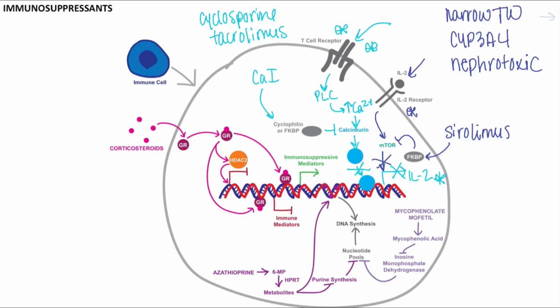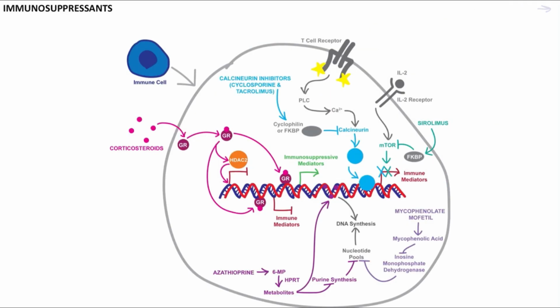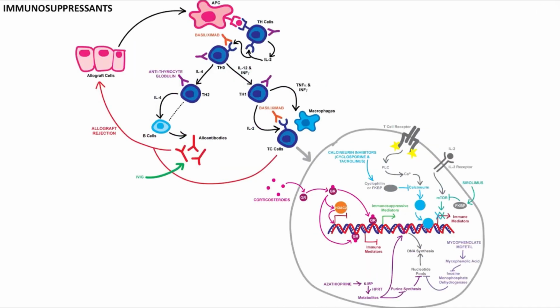So moving to the next slide, which brings us to our summary slide for the immunosuppressants targeting intracellular components of immune cells, which today we mostly focus on our T cell populations. So moving to our last slide. So in summary, I hope this video has introduced you to a number of staple immunosuppressant agents that we will continue to revisit throughout the block for other indications, as well as a few specific agents that are used for organ transplants.